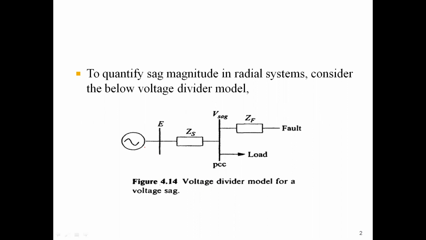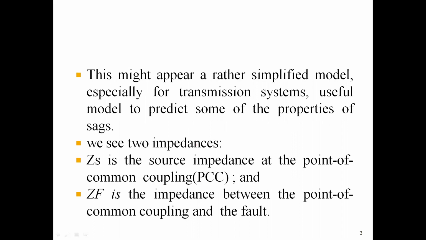This voltage divider model, as you can see on the screen, is represented with two impedances, ZS and ZF. This model is a simplified and useful model to predict the properties of the sag, especially for the transmission system.